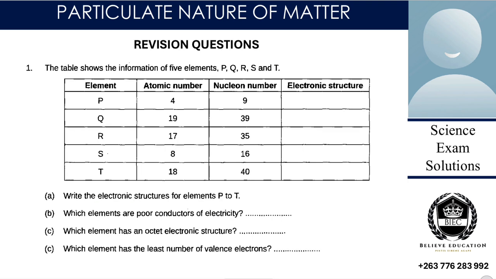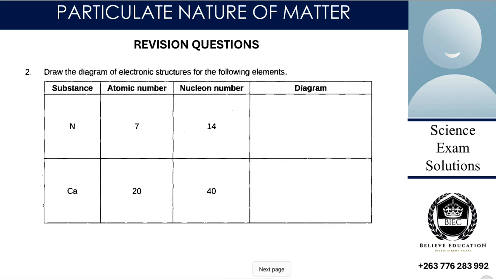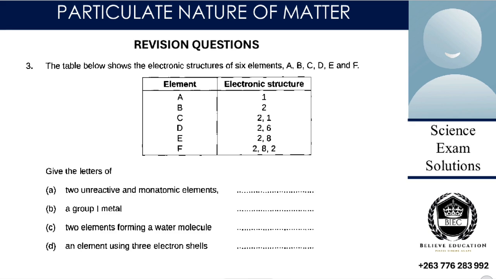Then from this, you would have to look at your revision. Then work on your revision, on electronic structures, etc. Then on this one, you have to draw the diagram. So you have to draw the diagram of the electronic structures or electronic configuration, where you put out the atom and the electrons, showing how they are arranged.